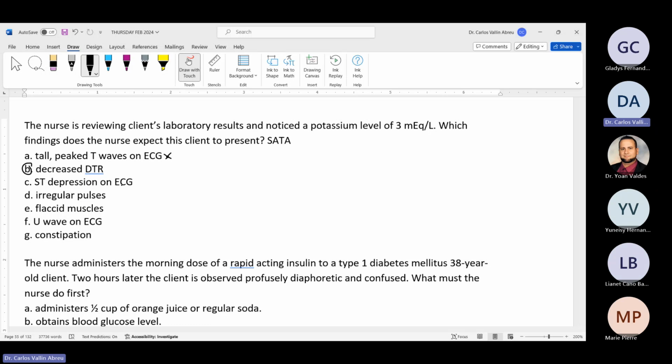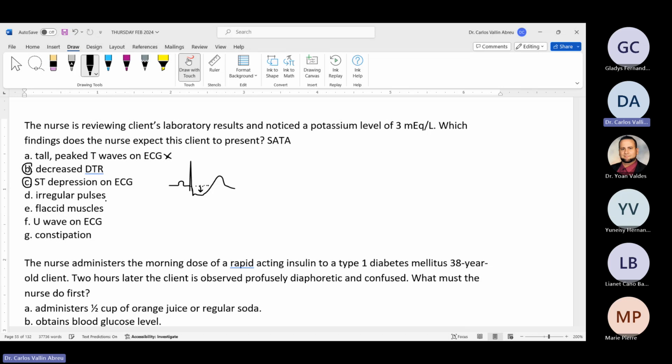ST depression on the EKG. Yes, hypokalemia is one of the causes of depression of the ST segment. The ST segment can have depression. So yes.